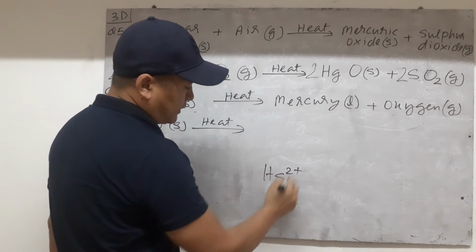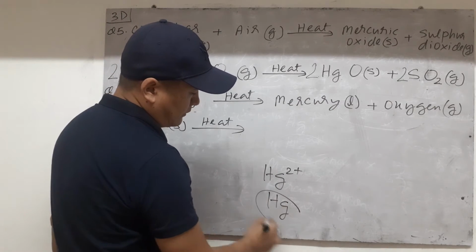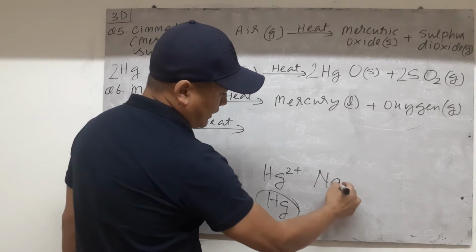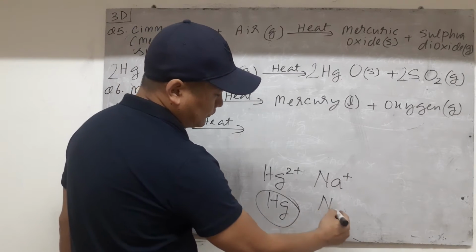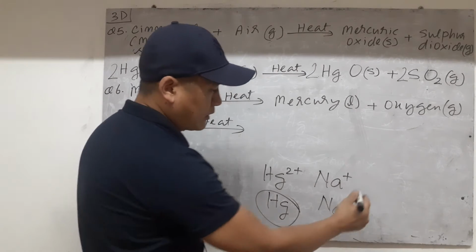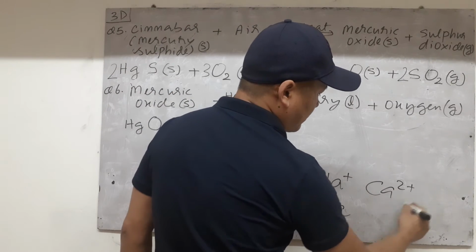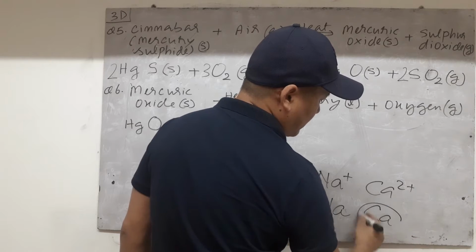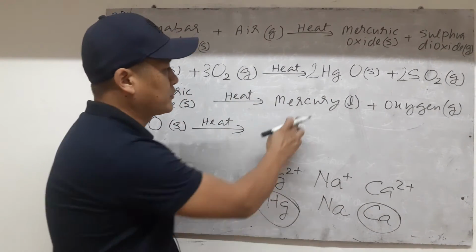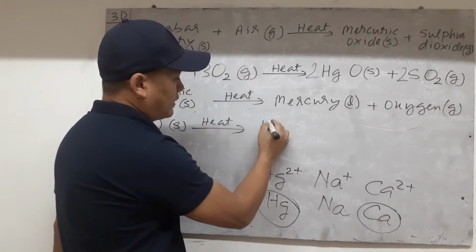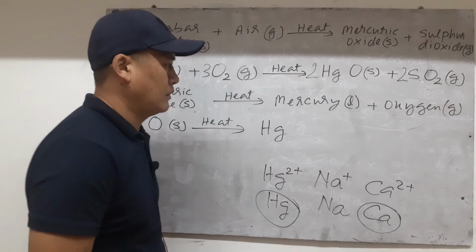But when we say mercury, there should be no plus and minus sign. When we write like this it is sodium ion. But when we say sodium, no plus or minus. Calcium ion, Ca2+. But when we say calcium, we write like this. Calcium means atom, no sign, no plus minus. So mercury means no plus minus, simply the symbol Hg.